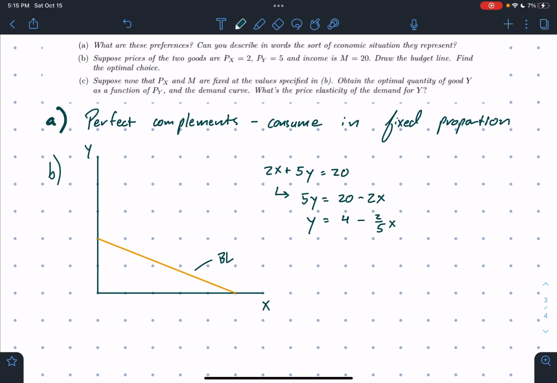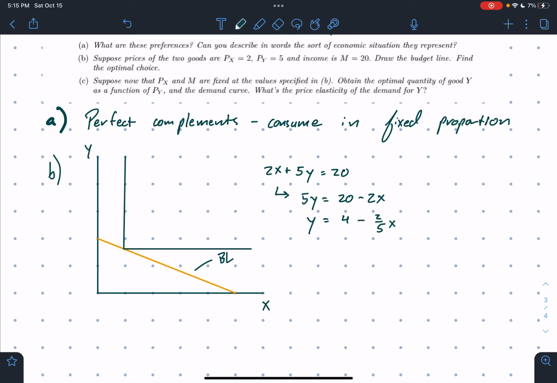Now we want to find the optimal choice. When we're looking at perfect complements, one thing that we know is that they're going to have a kink. They're going to look something like this. This is not a differentiable utility function because of this corner right here. Like I said, there's a kink.